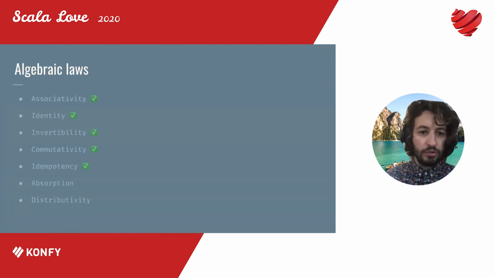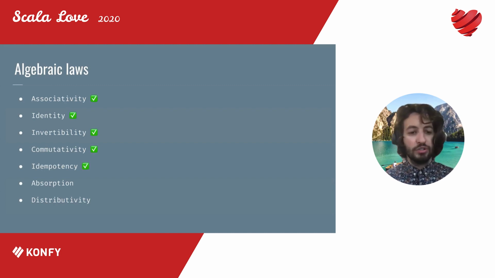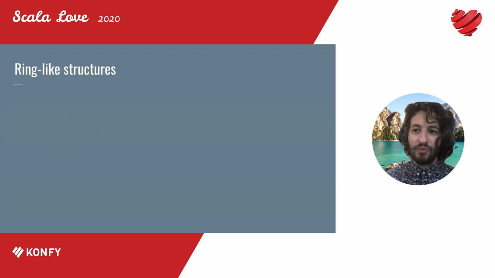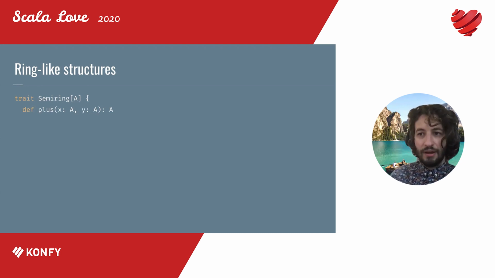And now we're going to look at the two laws that I mentioned earlier that we haven't spoken about yet, and those are absorption and distributivity. And for that, we have to look at ring-like structures, which are a bit more involved. So we're going to look first at a semi-ring. A semi-ring can be seen as something where you have both an additive method, plus, but also a multiplicative method, times.